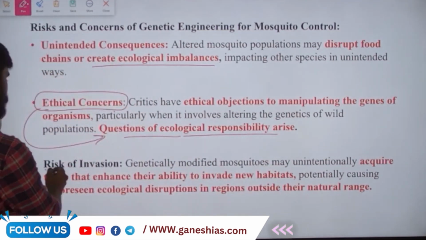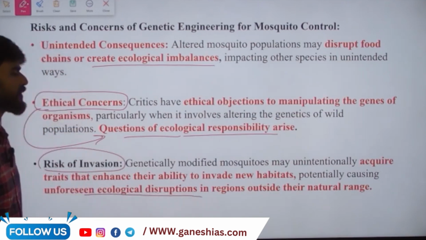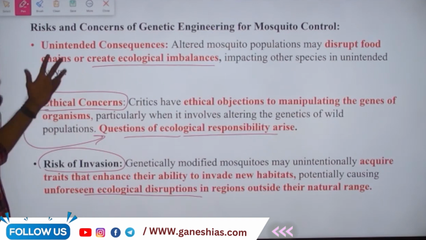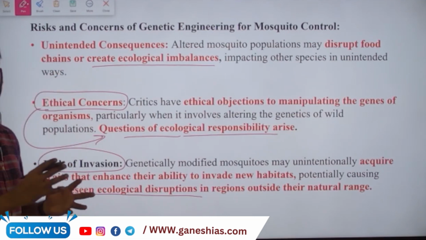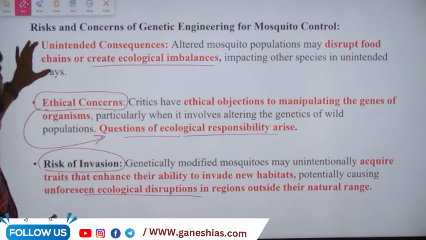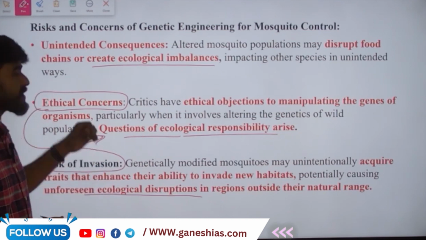And then the risk of invasion. Again, ecological disruption in regions outside their natural range might happen when we go for genetic engineering based control of mosquitoes. So these points, the ecological concerns and ethical concerns, and the risk of invasion, are important.